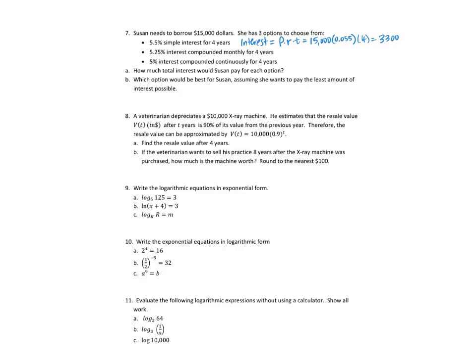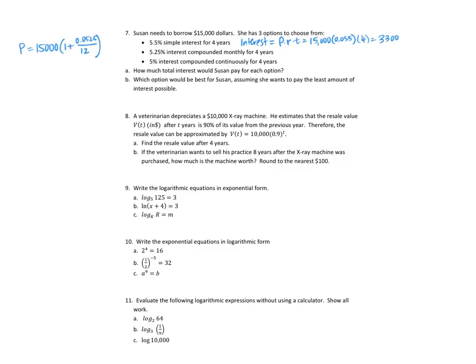If it's 5.25% interest compounded monthly for 4 years. Okay, so if we're compounding monthly, then I'll have that the amount that she owed is equal to the initial amount times 1 plus the rate, which is 0.0525, divided by 12, to the 4 times.